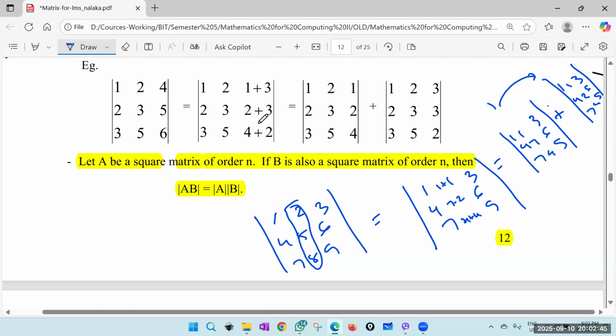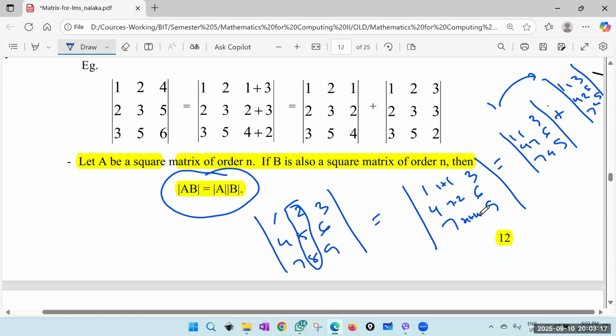You can do it for any row or any column, and you can break it in whatever way you want as long as you get these values. So when you break it into A and B, follow this definition. You take any column or row and break it as, sorry, not multiplication, summation of any numbers which gives the individual elements.